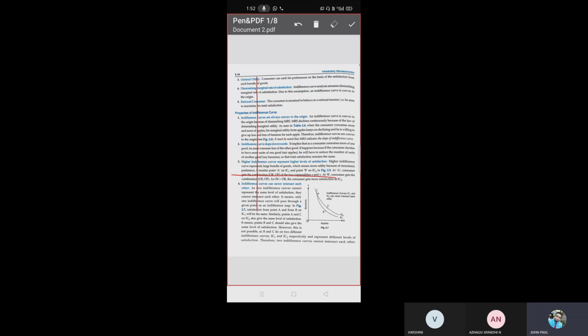So already this is the x-axis, y-axis. Already the curve is convex. Again, you can see the curve slopes downward, right? What's the reason? It implies that if a consumer consumes more of one good, he must consume less of the other good.